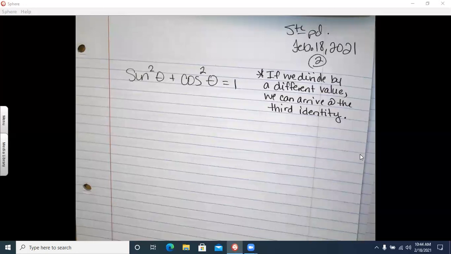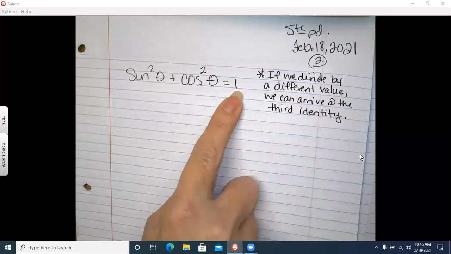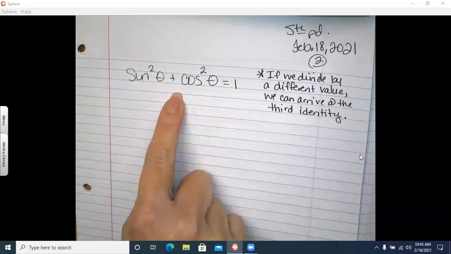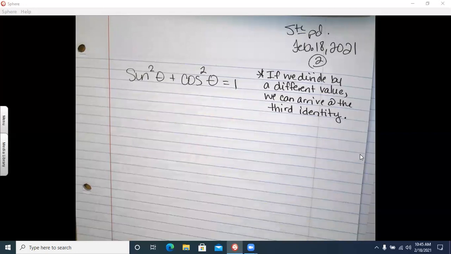So like we just said, on the previous page, we started by dividing each term by cosine squared of theta. Again, if I just subtract cosine squared of theta, that is just a different way to write this same identity. It's not changing it at all, right? It's just rearranging it. So subtracting cosine squared of theta, I'm going to have the same identity, it's just going to look different.